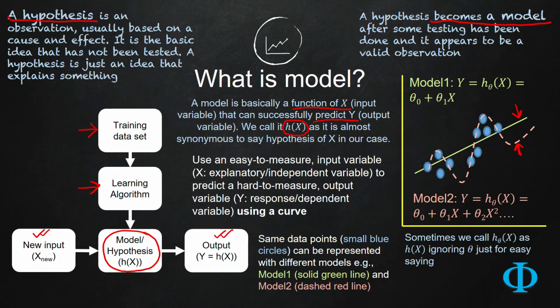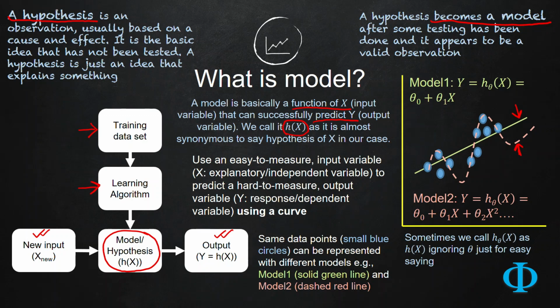Not only that, it can take the form of a surface also. It does not need to be restricted to one-dimensional lines. It can be a surface in three-dimensional space, or even higher dimensional, based on the dataset and the learning algorithms.